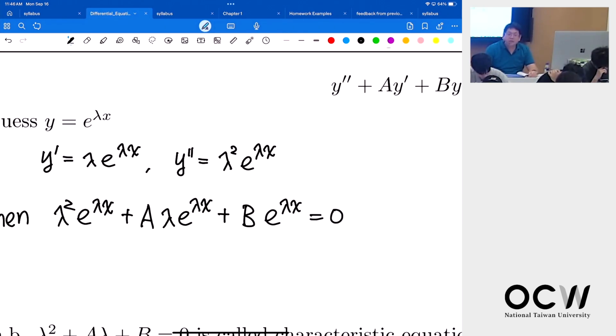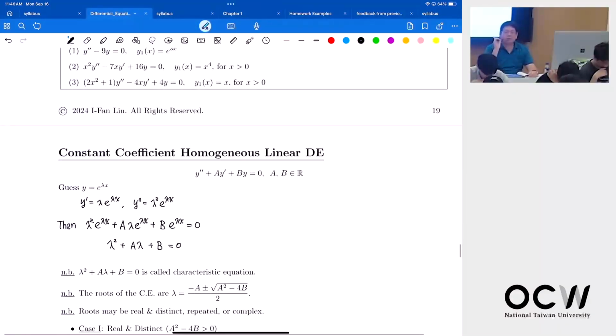Then you can cancel the e to the lambda x. You get lambda squared plus a lambda plus b equals 0.